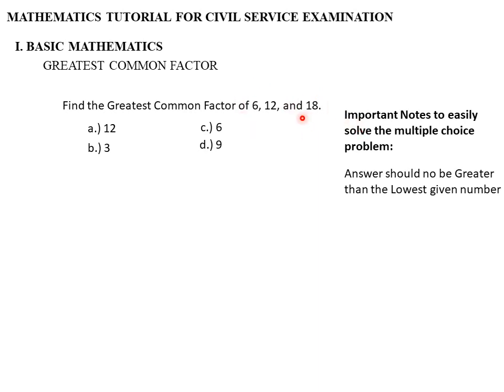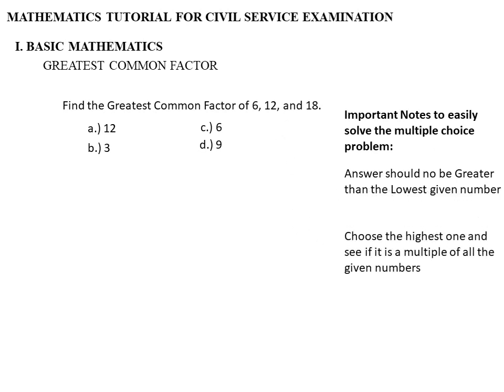So the answer should not be greater than 6. Since it is asking for the greatest common factor, it should be less than or equal to the lowest of the numbers.